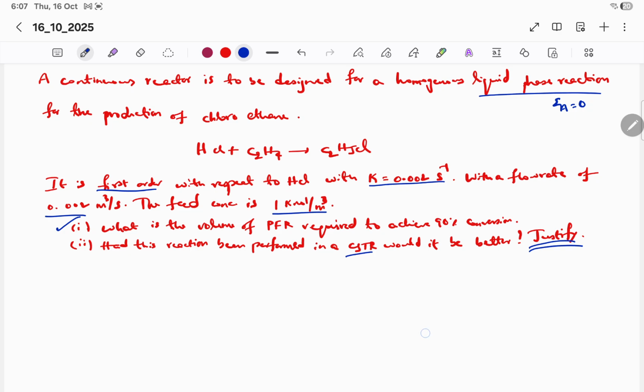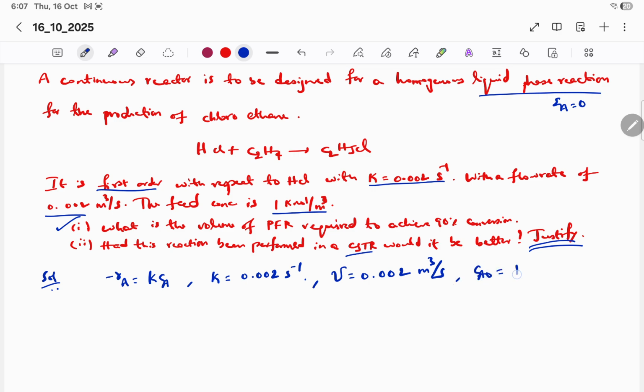For that, first I will write the given data. Solution: first order means minus rA is equal to k into CA, and the rate constant k is given as 0.002 second inverse, the volumetric flow rate is 0.002 meter cube per second, and the concentration CA0 is given as 1 kilomole per meter cube.